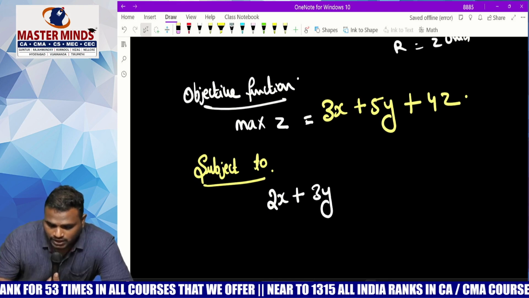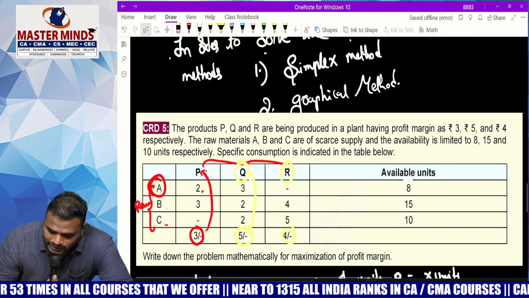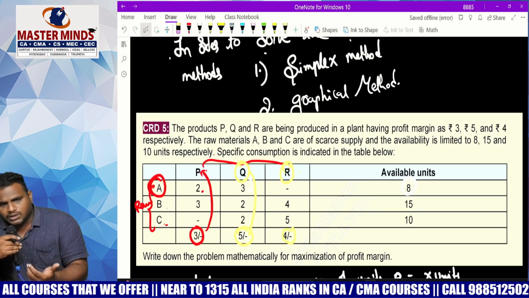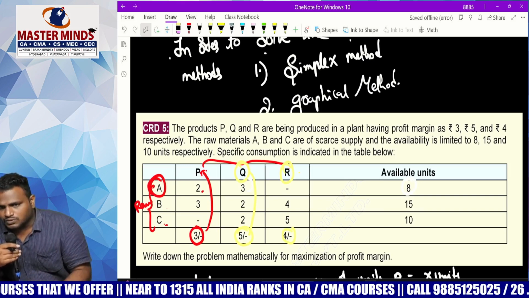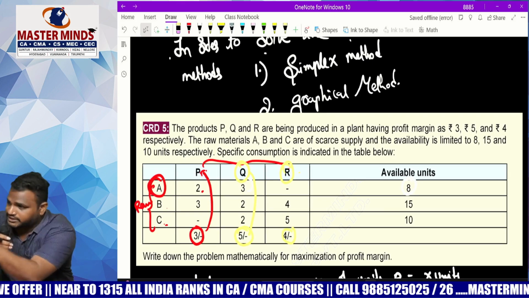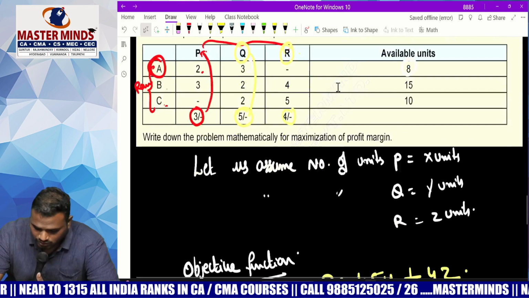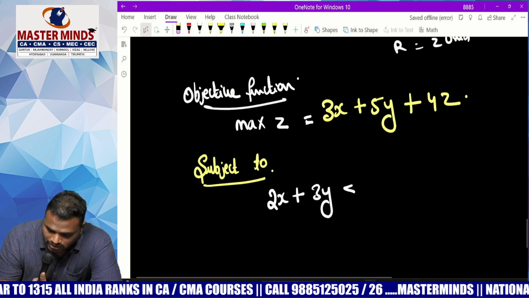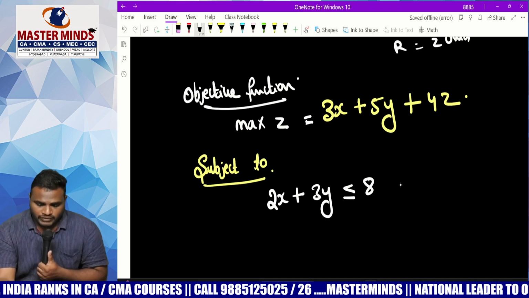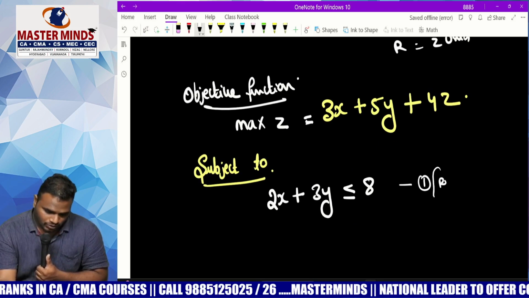No. Now how many kgs are available in the stores? 8. More than 8 is not available. Can I consume 9 kgs? The only possibility is either you may use 8 or less than 8. Yes or no? So that is less than or equal to 8. This is my first equation related to raw material A.